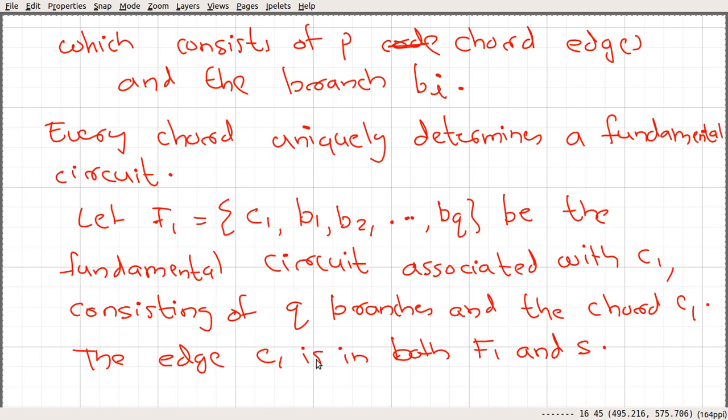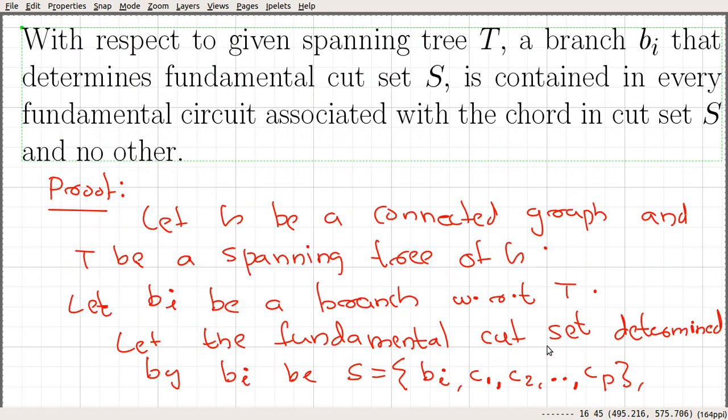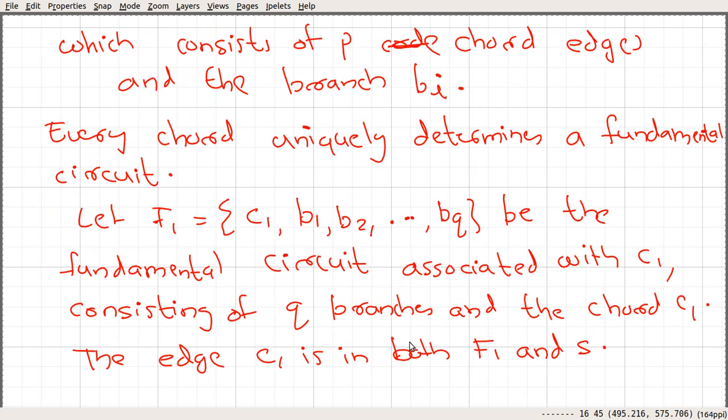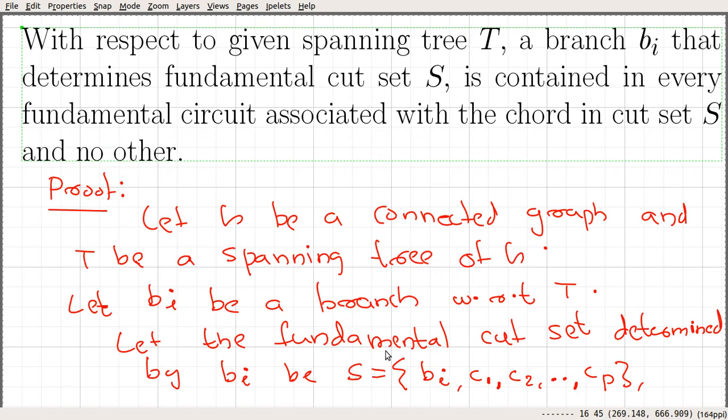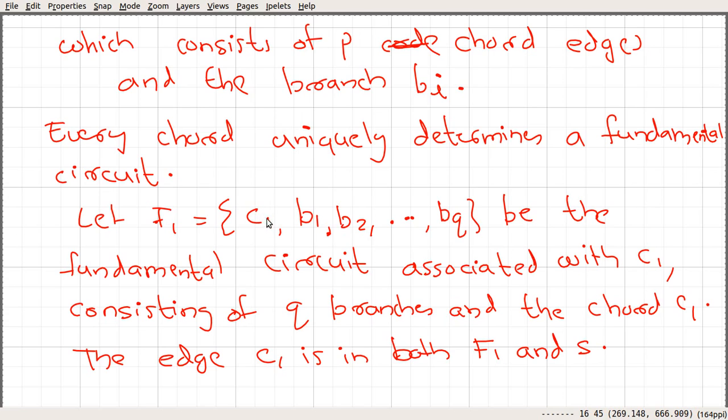So there must be one more common edge in F1 and S. Since these are branches and we have only one branch Bi in S, and C1 is common to both, some other edge must be the same. So this Bi must be equal to one of these B1, B2 up to BQ.